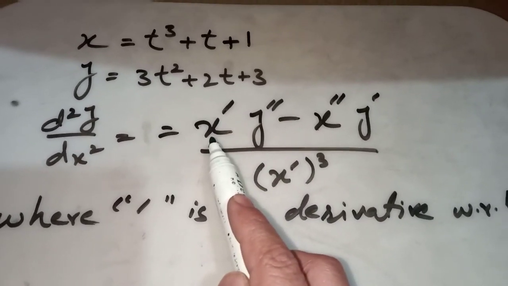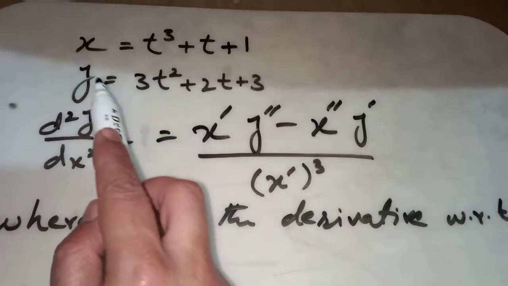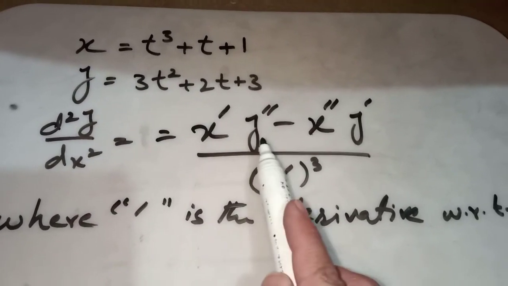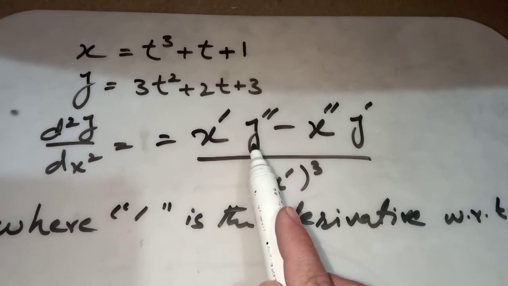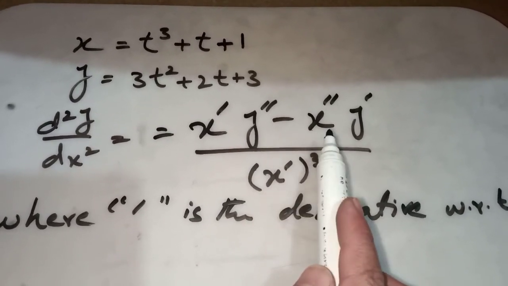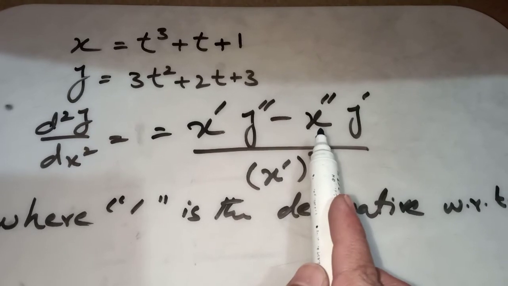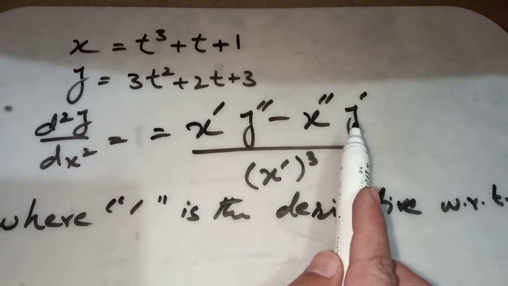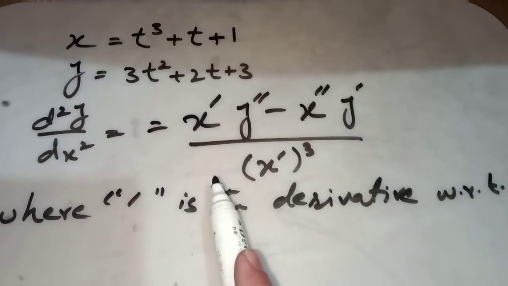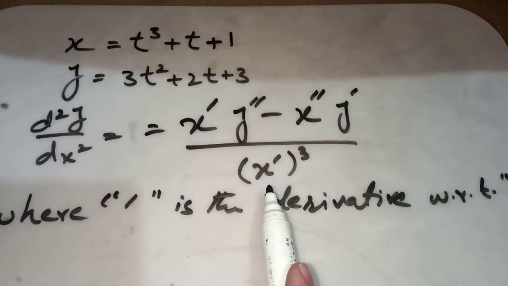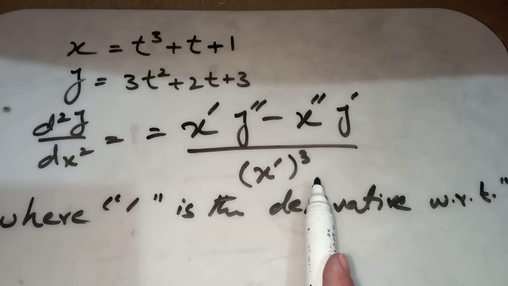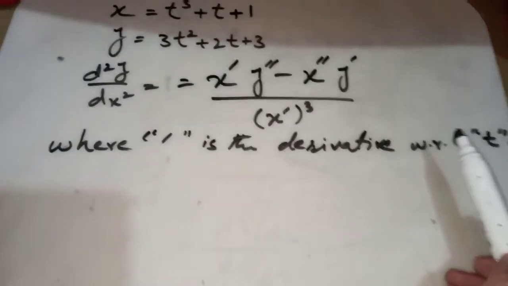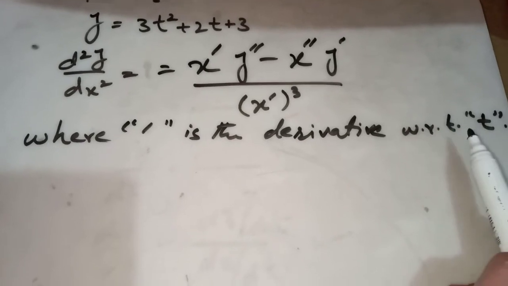First derivative of the variable x, or you can say the function x, with respect to t, multiplied by the second derivative of y with respect to t, minus the second derivative of x with respect to t multiplied by the first derivative of y with respect to t, divided by the first derivative of x raised to power 3, where dash represents the first order derivative with respect to t.